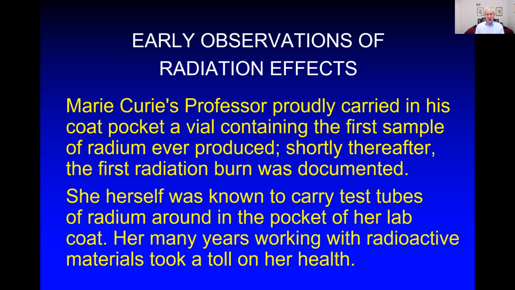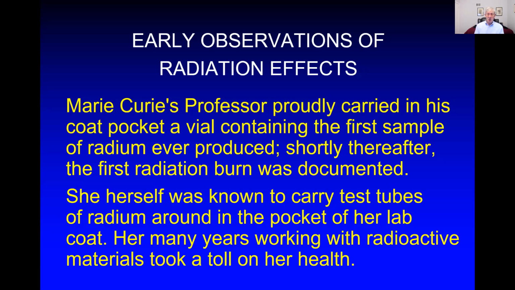Now, you and I would not like to even be in the room with a couple hundred milligrams of radium because it's intensely radioactive and producing lots and lots of gamma rays. But back 120 years ago, no one really knew much about dosimetry or the effects of biological radiation.